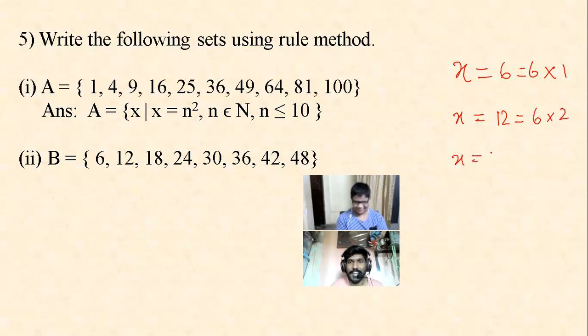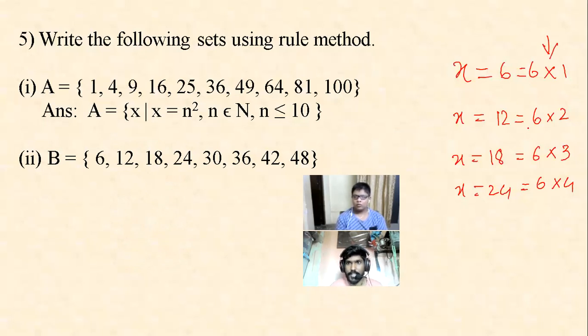Then third is 18. 18 is 6 into 3. Next is 24. So 24 is 6 into 4. So what can you see in this pattern?